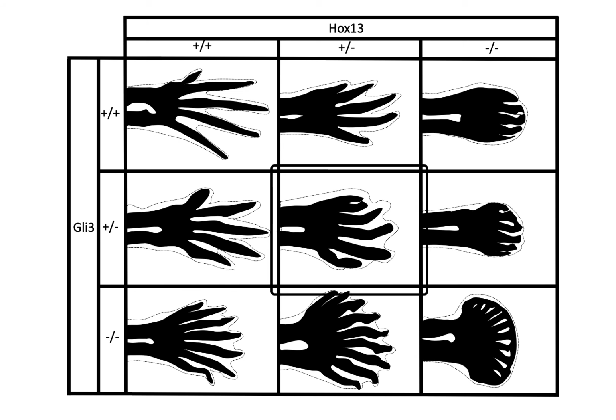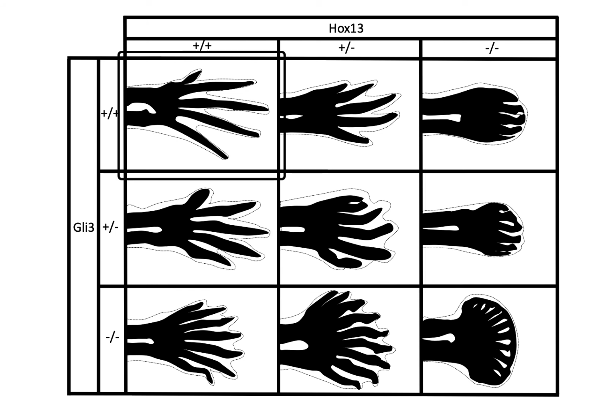Then as you increase the GLI3 production in the HOX13, then you move up towards this way to get more defined, fewer appendages, fewer fingers, but more defined fingers and toes.